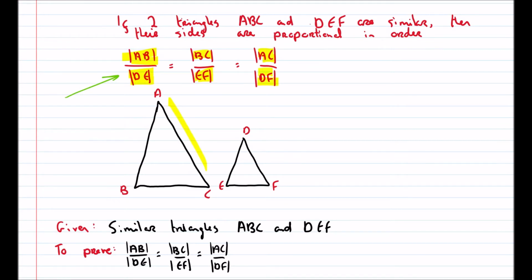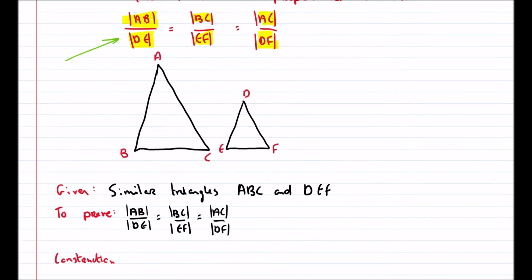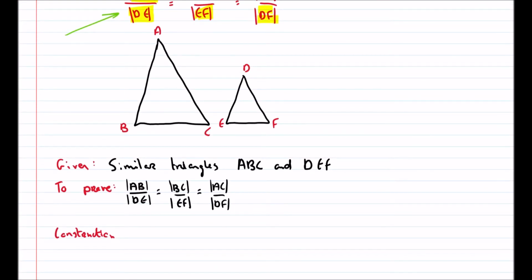So they're going to have the same ratios. So, given similar triangles ABC and DEF, to prove that the length of AB over DE equals the length of BC over EF equals the length of AC over DF.